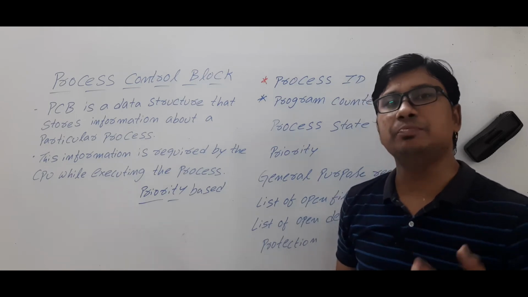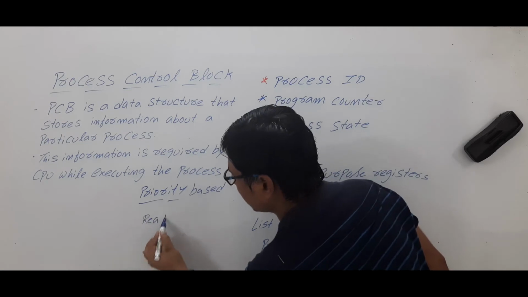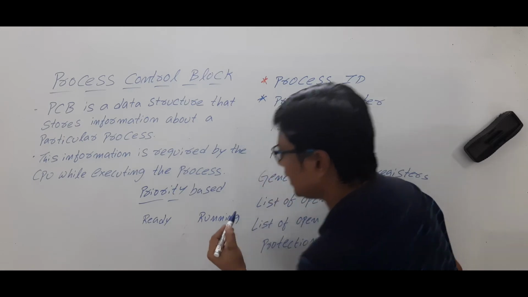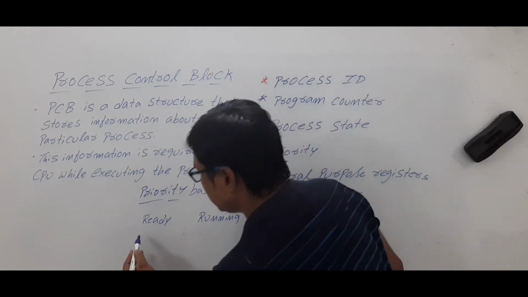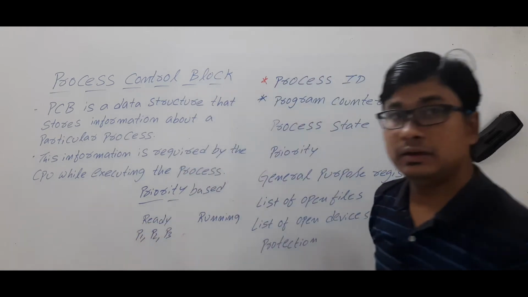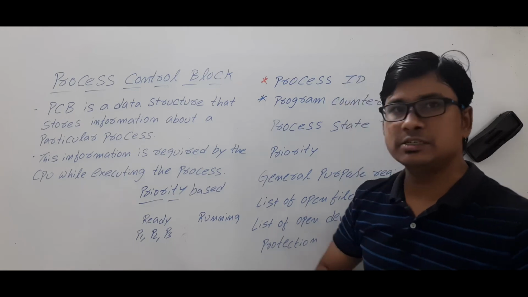Let's take that it is preemptive. Now let's take that we have the ready state and the running state. Is it clear? Let's take that three processes, P1, P2, P3, are there, and each process has its priority.